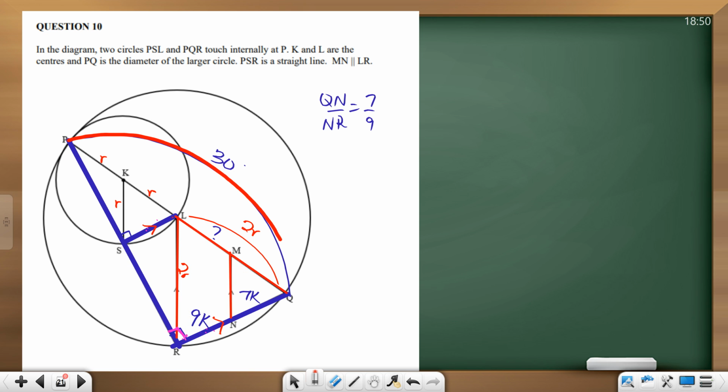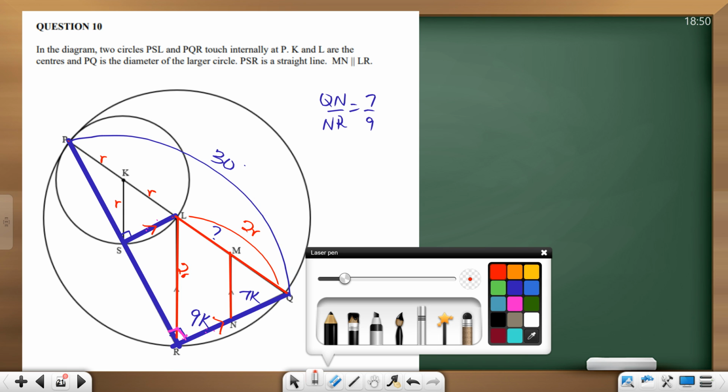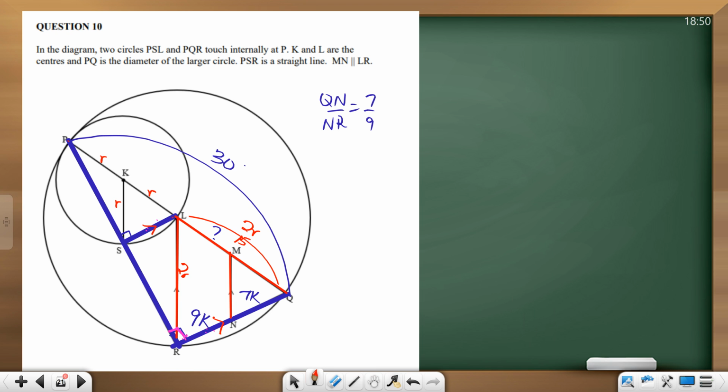By the way, if this is 30, what is this length? 15. Make sense? Do we agree? Okay. Now, this is why it's important that whatever you find, put it on the diagram. It makes your life easy. This is 15. And please, don't say it's divided by 2. Already you are creating problems.